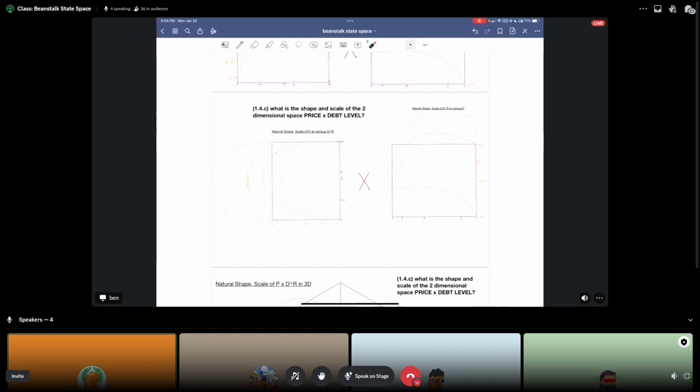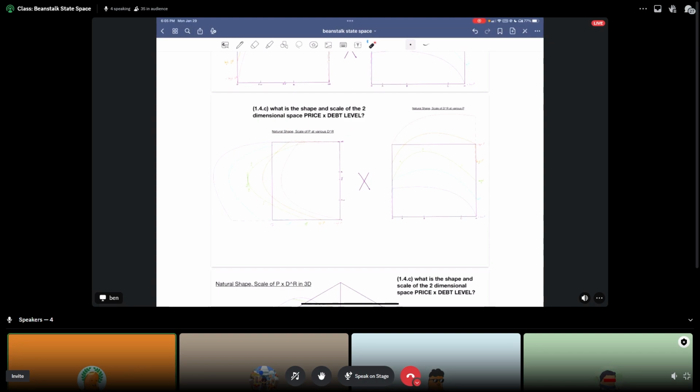And better than just the axes lining up, you can see that the shape also lines up to some extent. At high debt level and low price, there's a curvature down into lower and lower levels. At high debt levels and low prices, there's a tendency downward, and at low debt levels and high prices, there's a tendency upward, and then it's more neutral in the other corners.